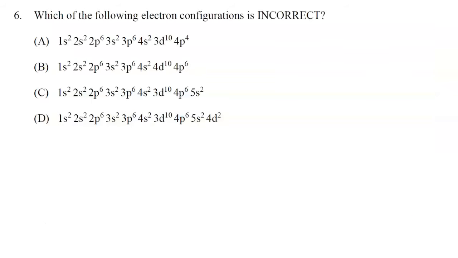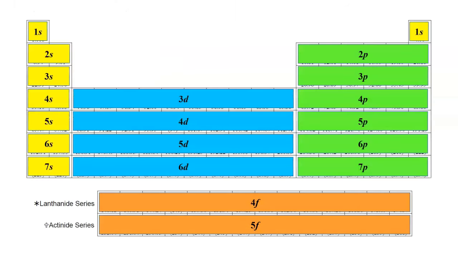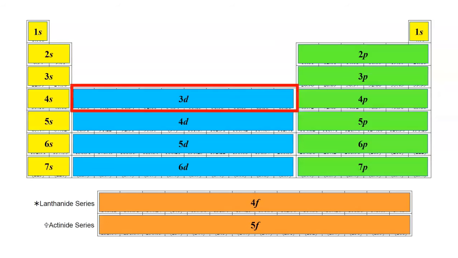If we look at question 6, we can see that all 4 of these choices begin in the same way. 1s2, 2s2, 2p6, 3s2, 3p6, 4s2. But the next section of that electron configuration is written as either 3d or 4d. So as I mentioned in question 5, I was talking about the element iron.